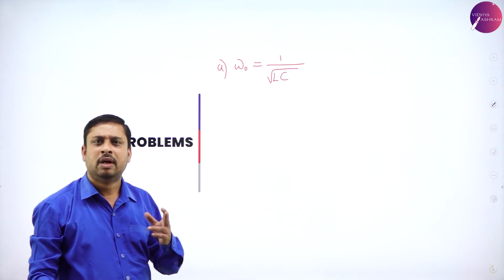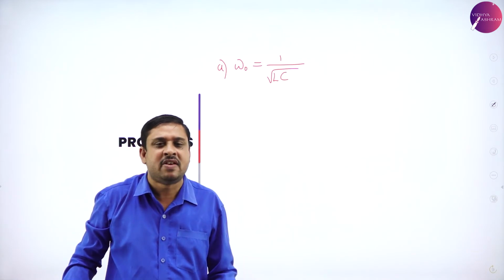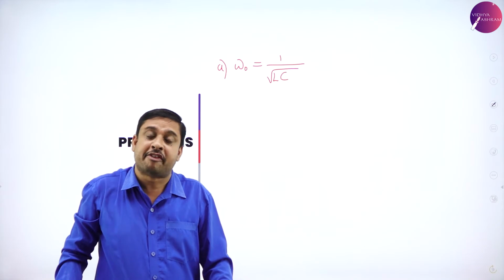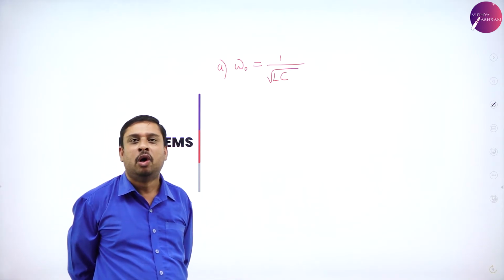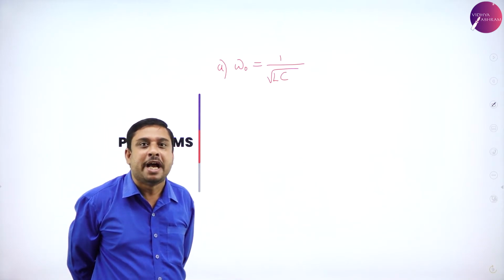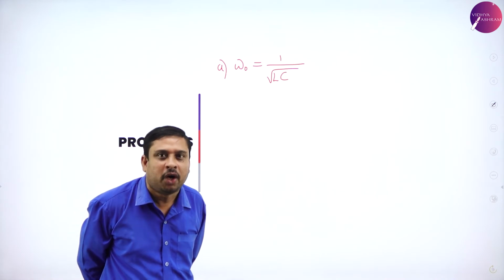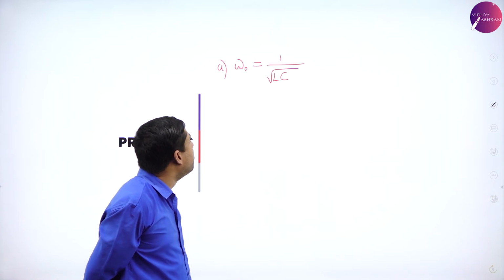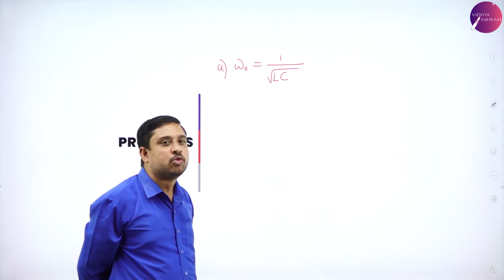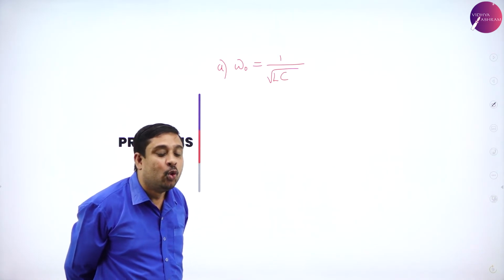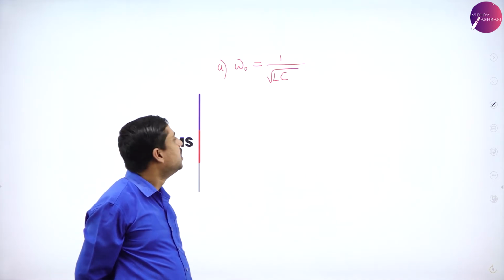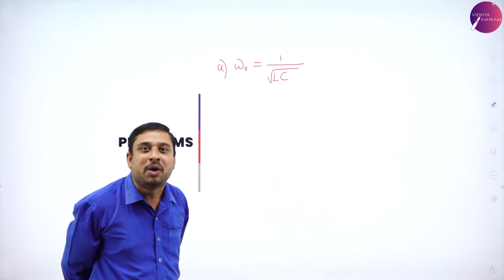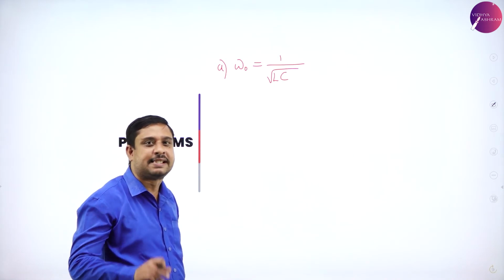Previously, resonant frequency F naught is 1 by 2 pi root LC. Here resonant frequency is omega naught, which is 1 by root LC. You can also calculate angular resonant frequency.